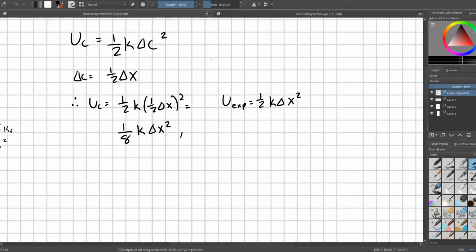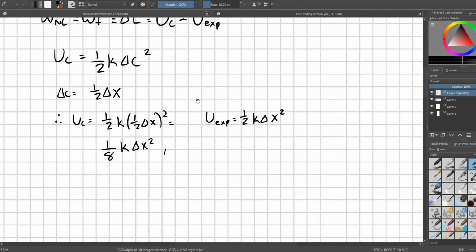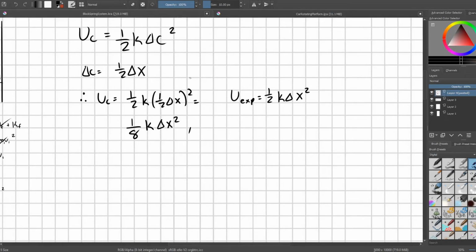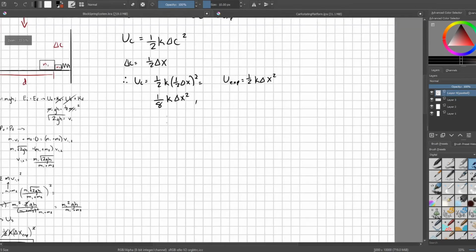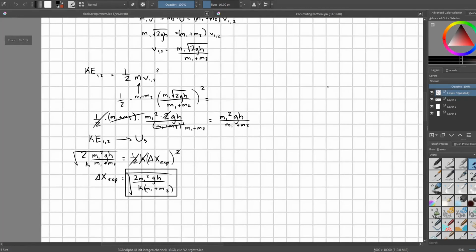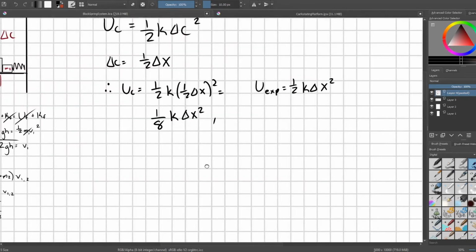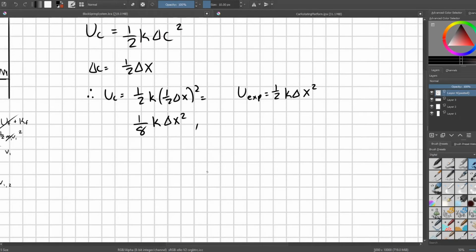Now, we're going to go ahead and take this difference before we end up substituting back our value for delta x that we got from our first goal. So let's get this difference.